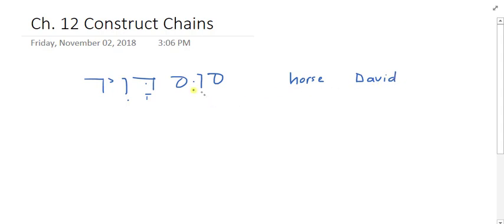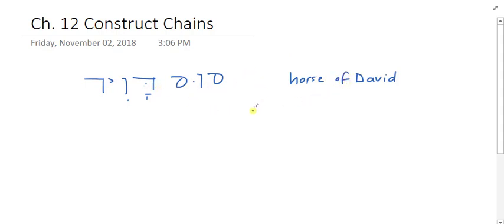And when I put Sus and David together with the intention of them forming a unit and functioning as a single entity, in Hebrew, that is called a construct chain, and that's what this chapter is all about. So, Sus David is really not to be translated as horse David, but rather horse of David.